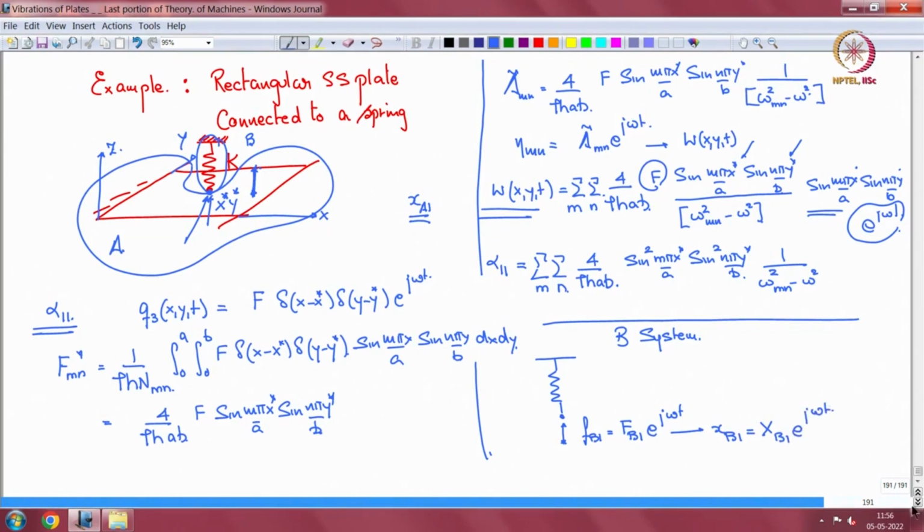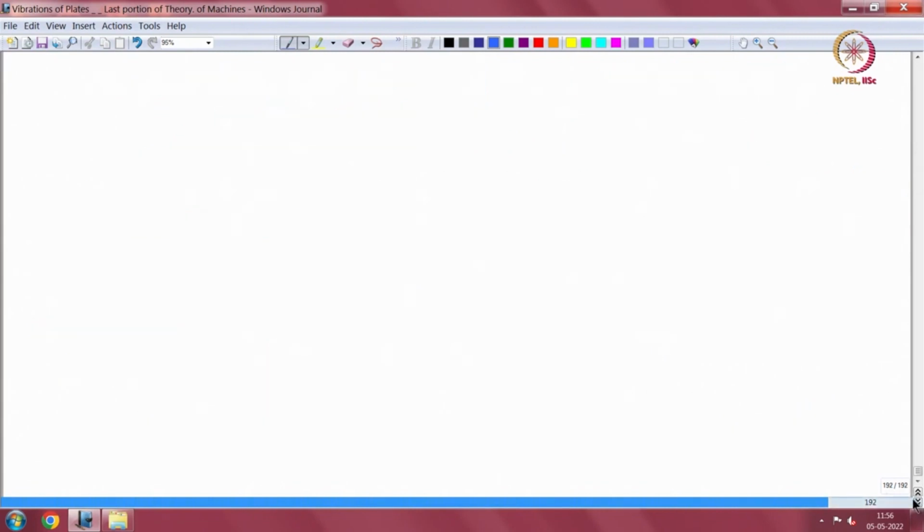That is given by F b1 e to the power of j omega t by k equal to x b1 e to the power of j omega t. So x b1 by F b1 is 1 by k. So, that is beta 1 1.